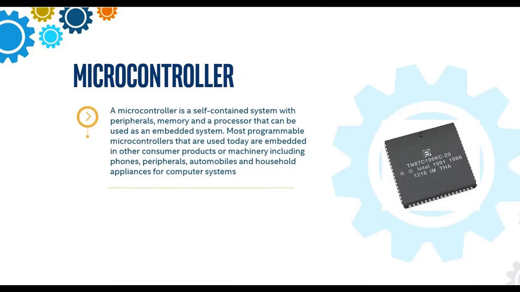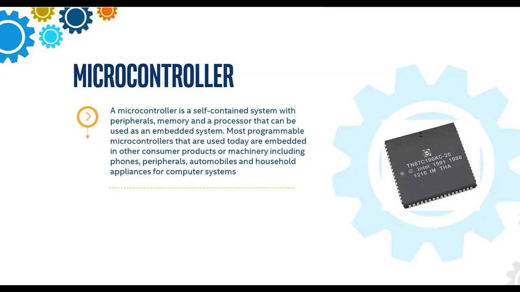So what is a microcontroller? It is a self-contained system with peripherals, memory and a processor that can be used as an embedded system. Nowadays it is a part of IoT, robotics and all. Most programmable microcontrollers used today are embedded in other consumer products or machinery, including phones, peripherals, automobiles, household appliances, or computing systems.